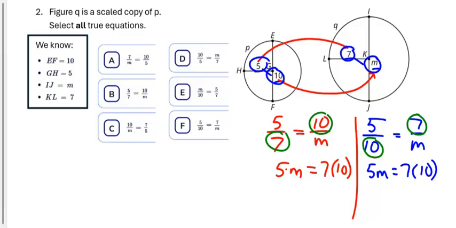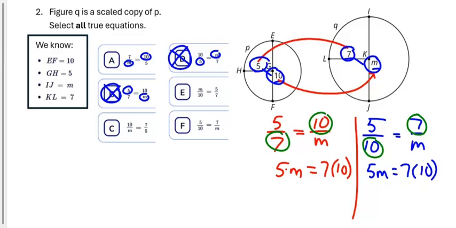So if you look at A, you'll notice that we don't have 5m, we have 10m, so A does not work. In D, for example, D does work because I have 5m and then 10 times 7, which is what I'm looking for on the other side. B also works because again I have 5 times m going one way, 7 times 10 the other way.